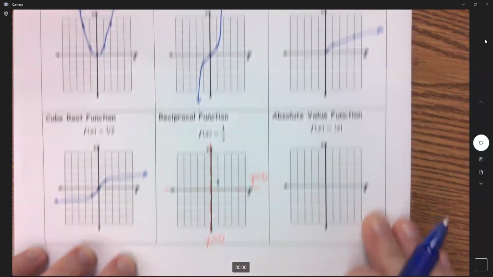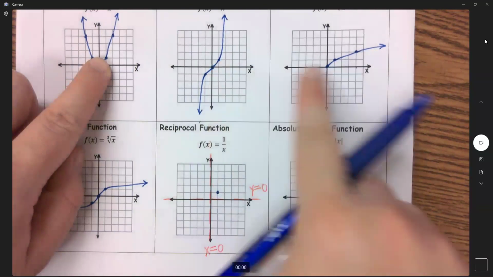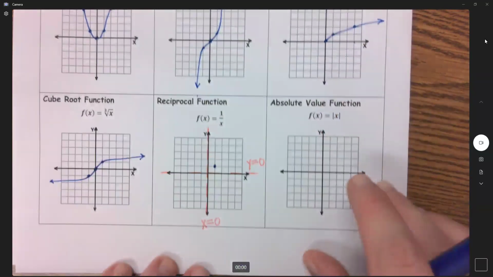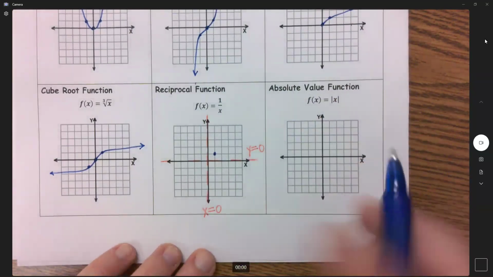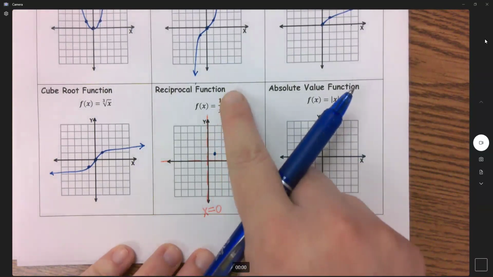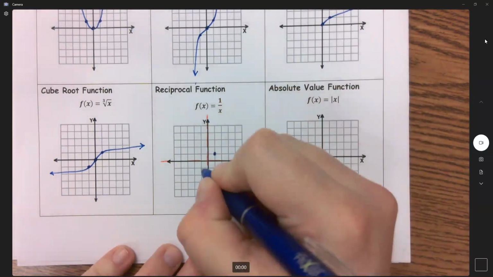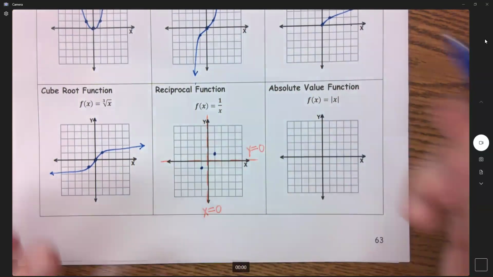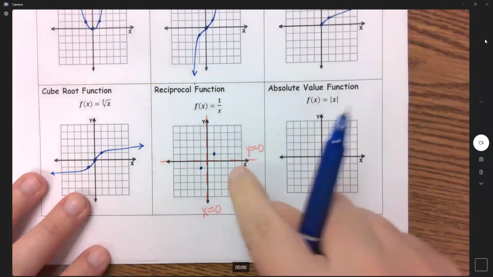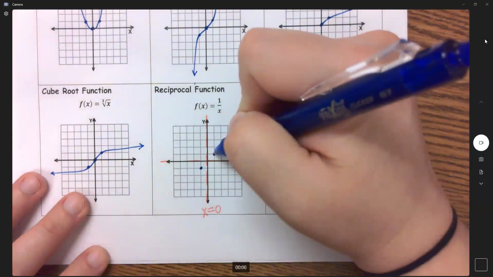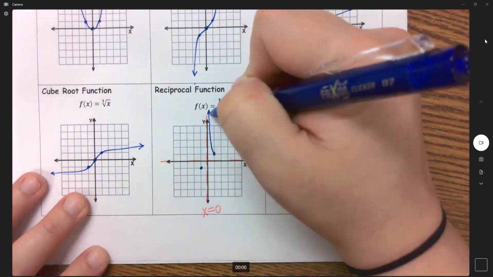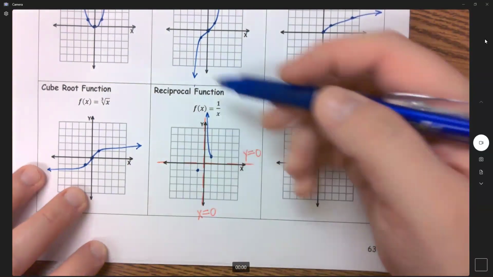If you notice, these are all at 1, 1 so far. And if I plug in -1, 1 over -1 is -1. So this one will be here at 1, 1, and then it's going to get closer to that asymptote, but not touch it.